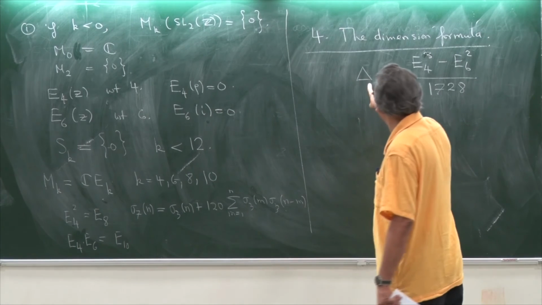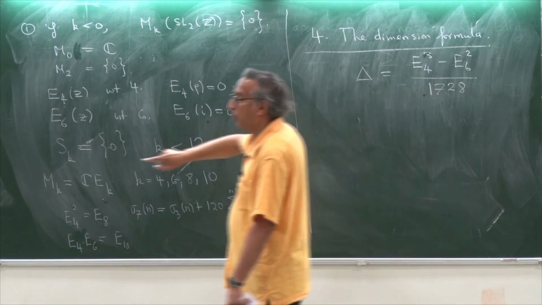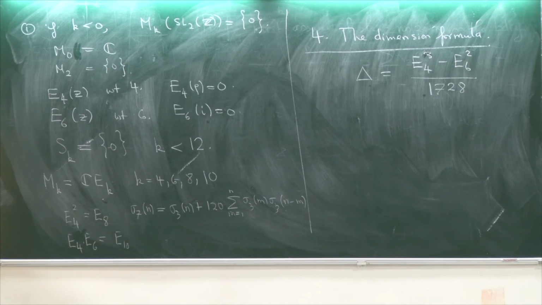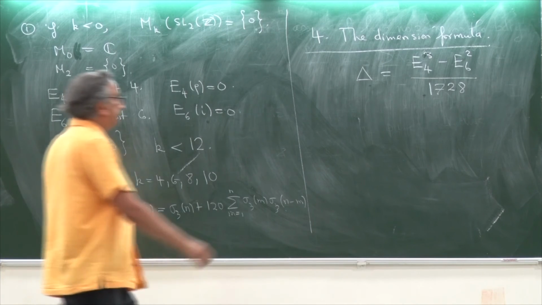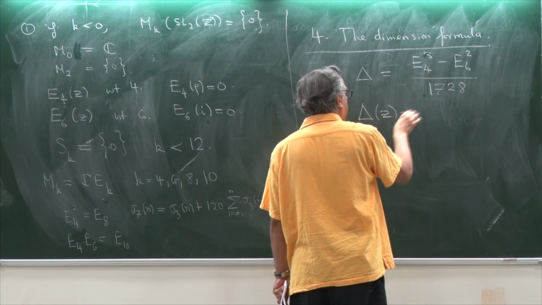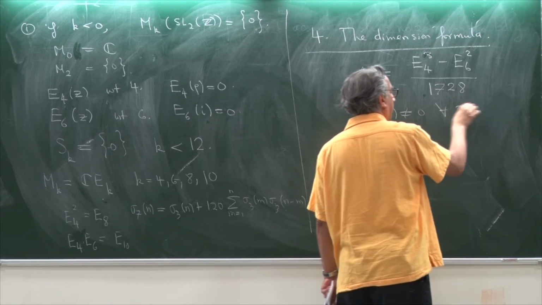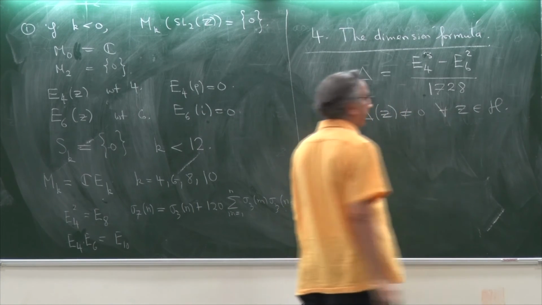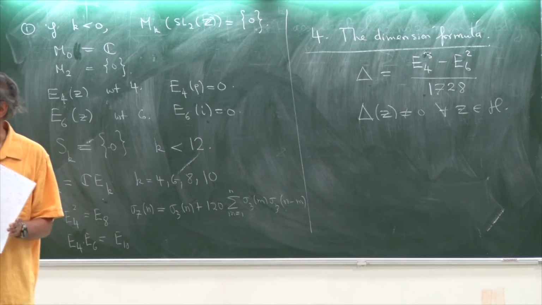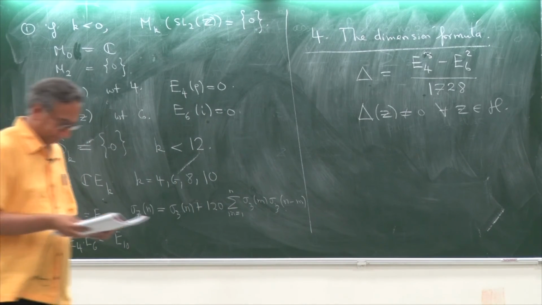Notice that this is weight 12, and weight 12 means that this now is 1, and we already have a 0. Therefore, there are no further zeros of this cusp form. So delta of z is not 0 for all z in the upper half plane. That's a very important fact to know, because that's going to allow us to divide by delta of z.